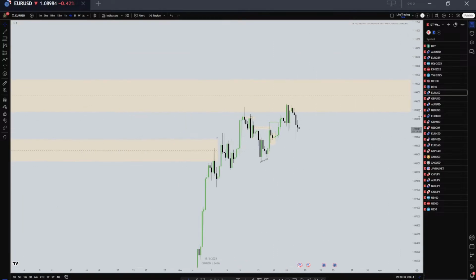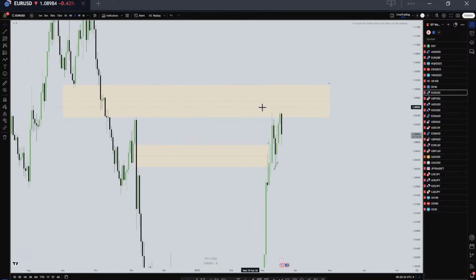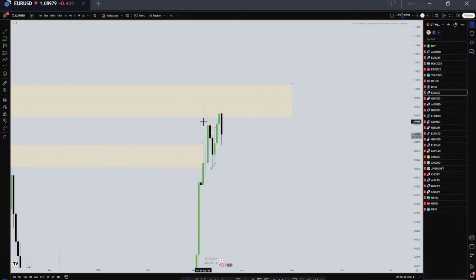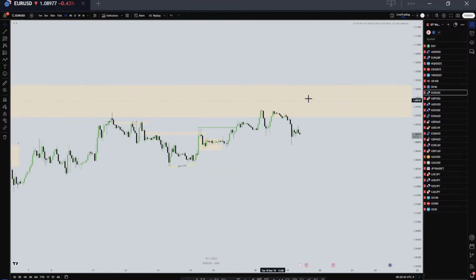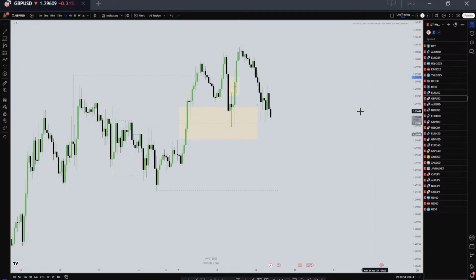Then let's look at the USD pairs themselves. We took a high here. We start moving lower. Ugly high here. I would like the higher, but it looks like we want to trade lower.